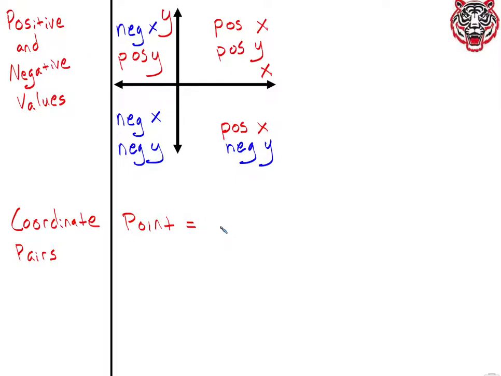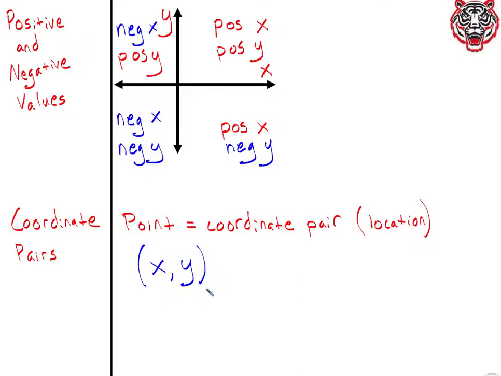The coordinate pair represents the location of the point. Whenever I say a point, you should in your heads be thinking, okay, what coordinate pair is that point on my coordinate plane? And maybe you want to put in notes here, this is the location of the point. And the general idea is that I'm going to have my x, comma, y, and then all of this is in parentheses.